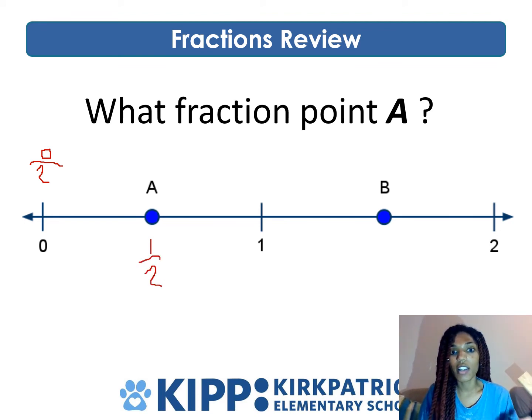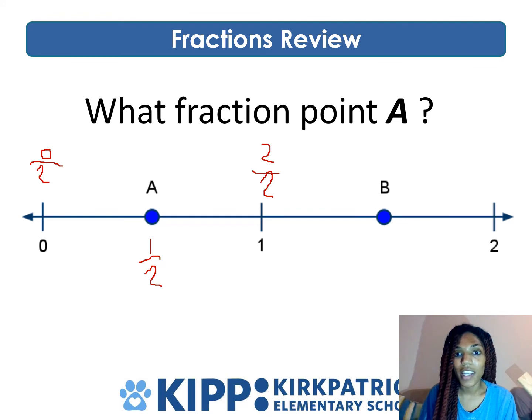And then when we get to the 1, now we've got both parts that make up that one whole. So 2 parts out of 2 parts, both of them, would make the one whole. So I'm going to let you finish this number line, and then in the comments, tell me what fraction is at point B.